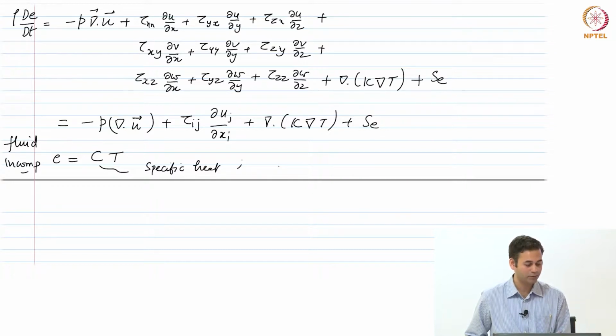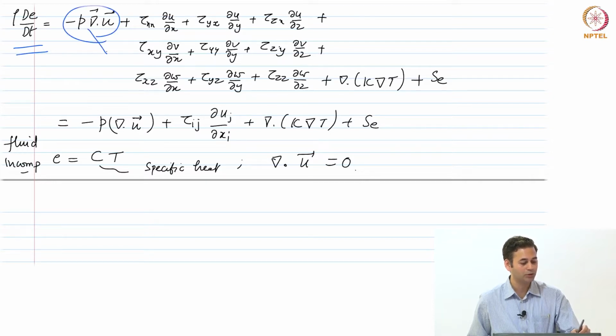What about for an incompressible fluid? This quantity del dot U bar is 0, right? This is 0 for an incompressible fluid, which we have established in the context of mass conservation. So, that means if we go to this equation, we can plug in e equals CT, and this term goes to 0. So, the only things we are left with are these 9 gigantic terms and then the heat conduction and so on.